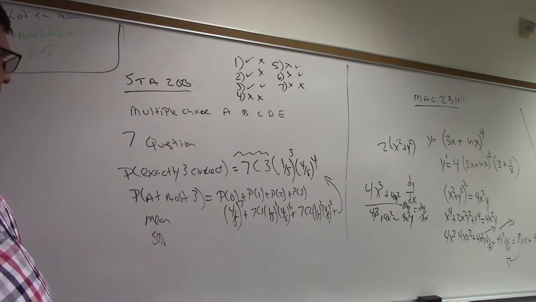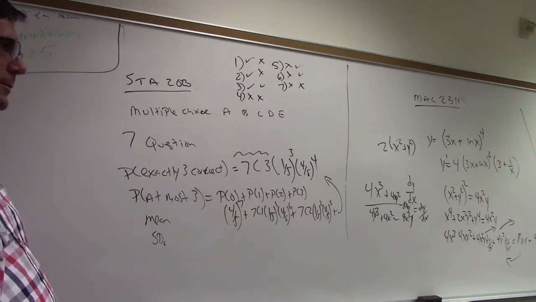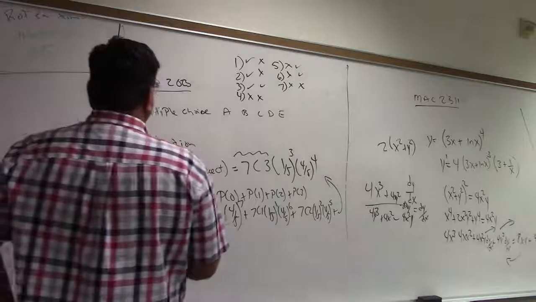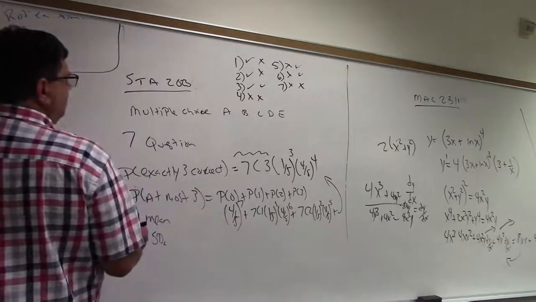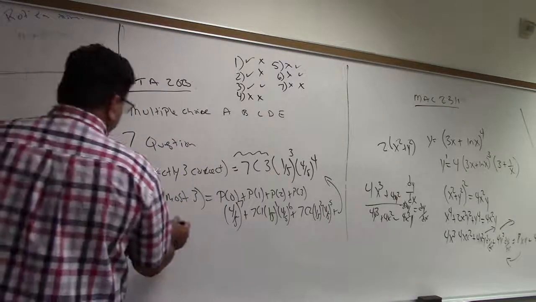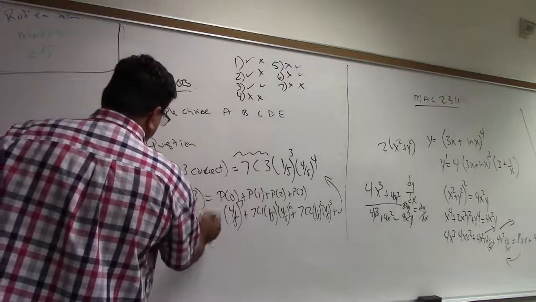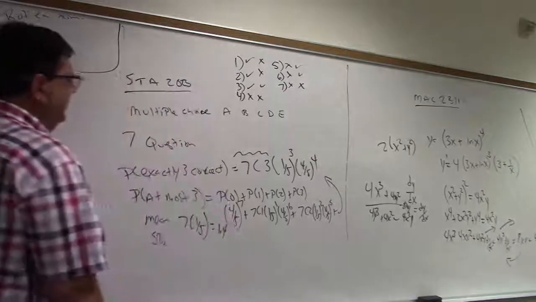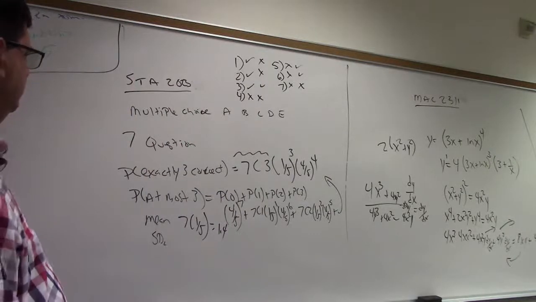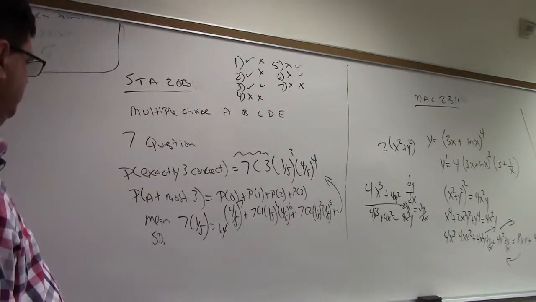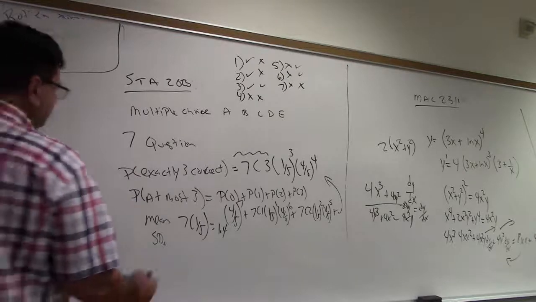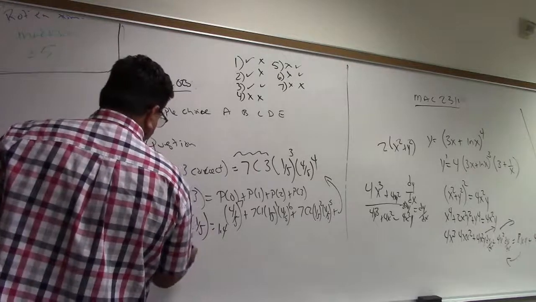Okay. What's the mean and standard deviation? 1.4 and 1.06. This is 7 times 1/5, which is 7/5, which is 1.4. And then what did you say the other one was? 1.06. Yes. I agree.